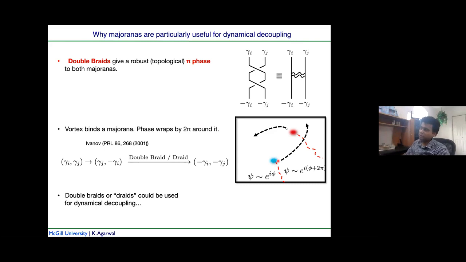So as you move one vortex around the other, the vortex has to cross essentially the branch cut associated with the other vortex at some point. And in this process, the associated Majorana is going to acquire a -1 sign. Okay. So as a result, it's really a topologically robust additional phase that you get.